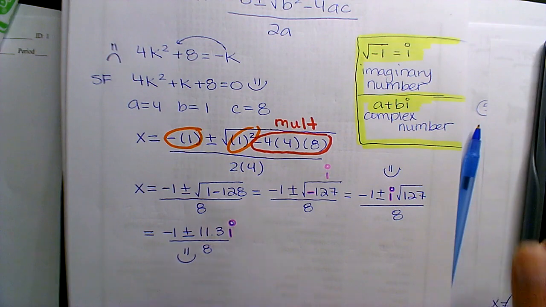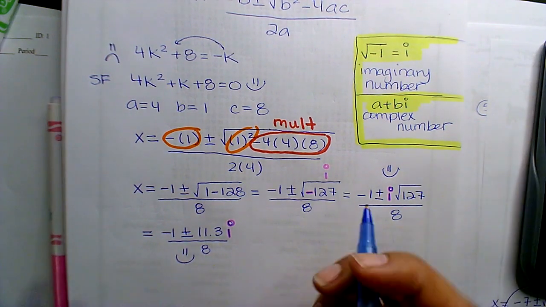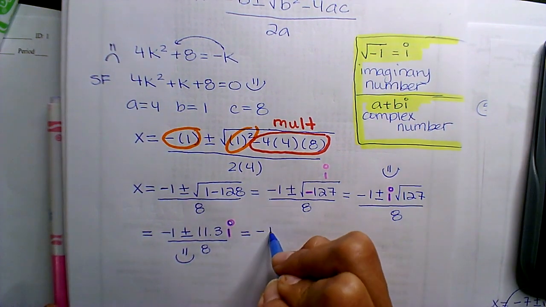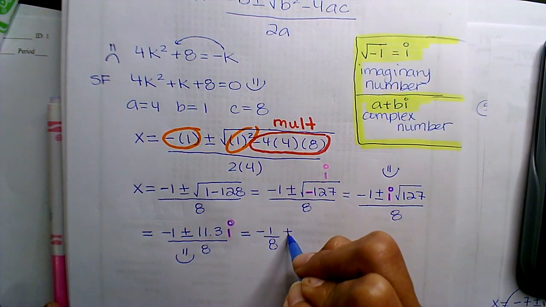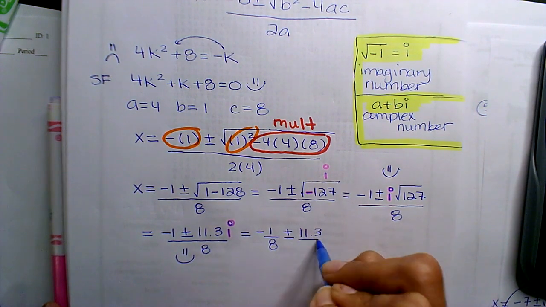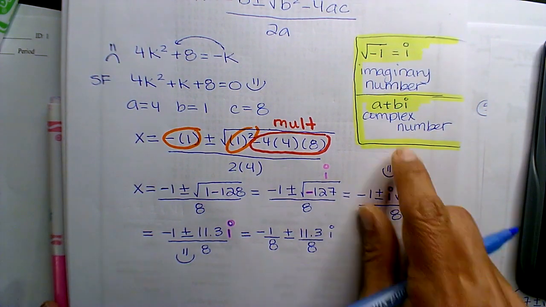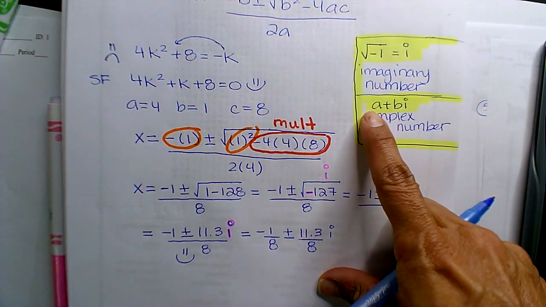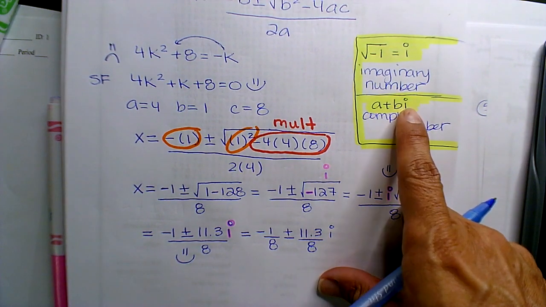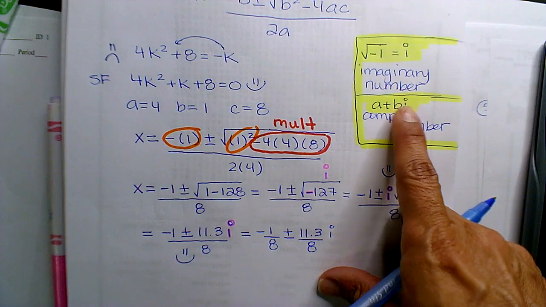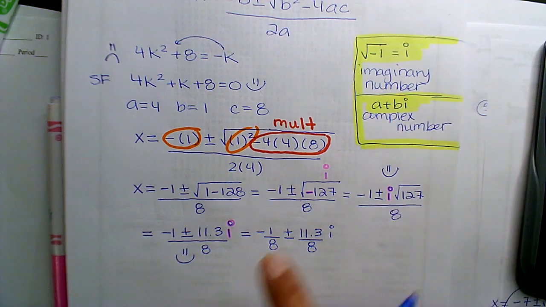Okay, this is amazing, but if your friends are in honors, their teacher is making them go completely all the way to a complex number. A is the real number, B is the imaginary. So real and imaginary make a complex number.